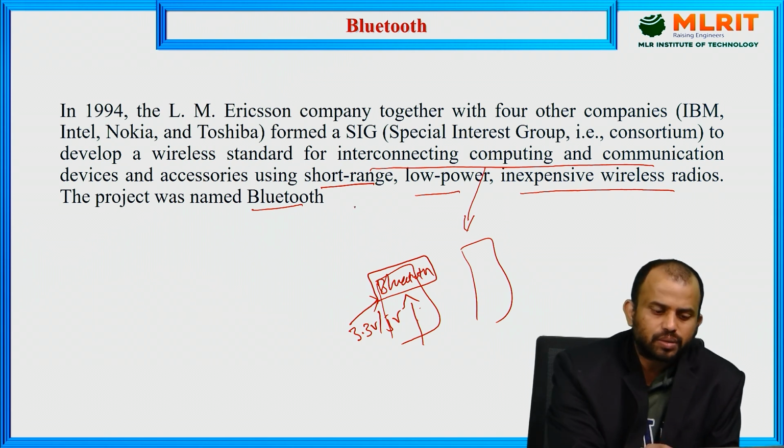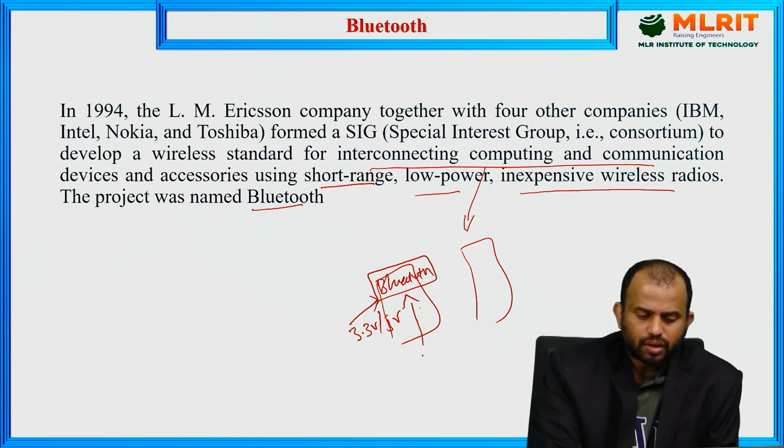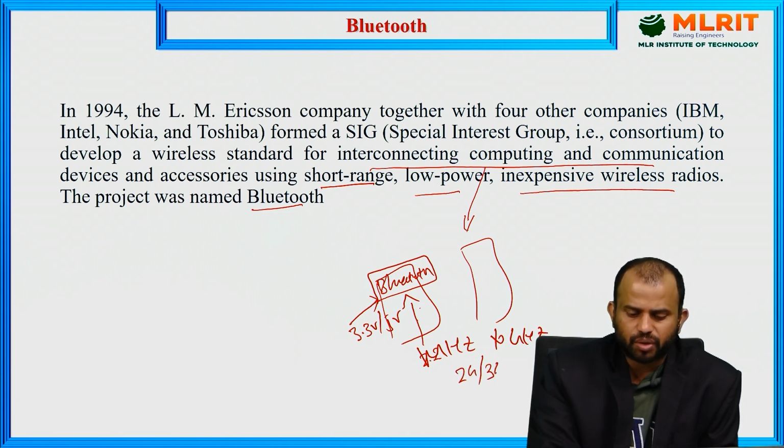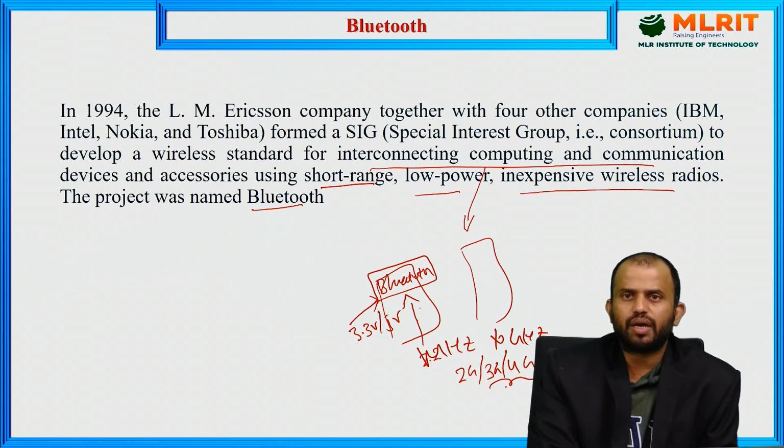Bluetooth is short range because the frequency used by mobile phones ranges from some megahertz to a limited number of gigahertz. It depends on the communication we use, whether 2G, 3G or 4G, and on the frequency structure.